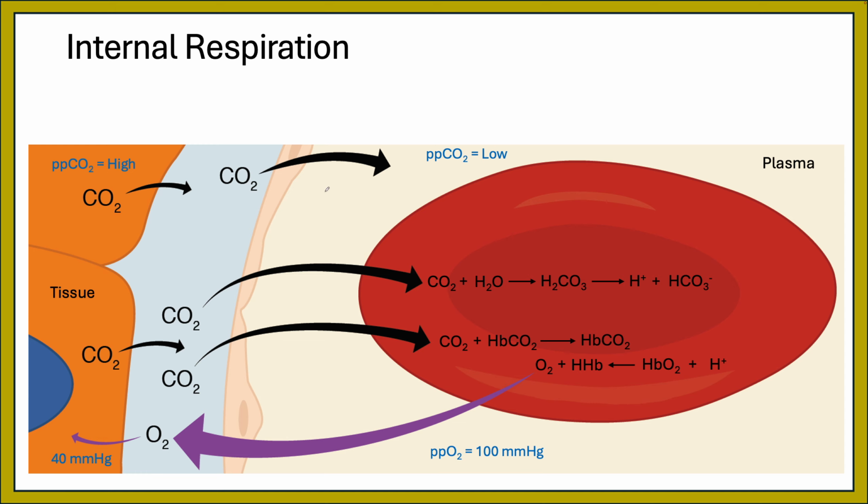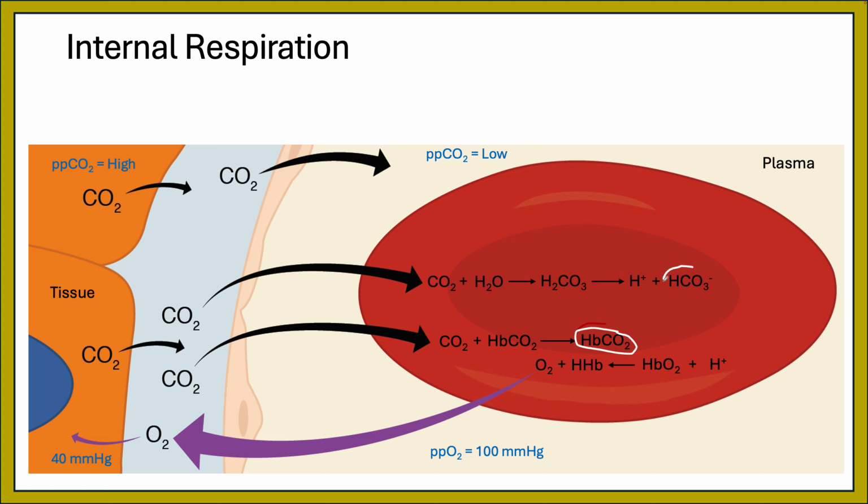So the CO2 is coming from the tissues, binding to the hemoglobin here. So you have carbaminohemoglobin being produced. It helps if I have a color that's different than the red behind there.